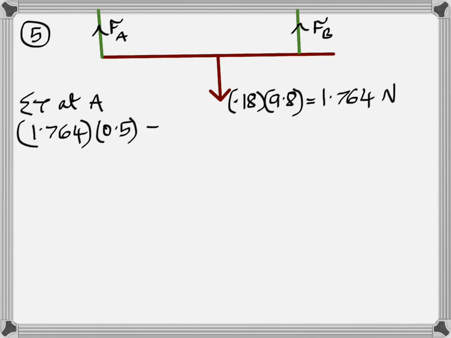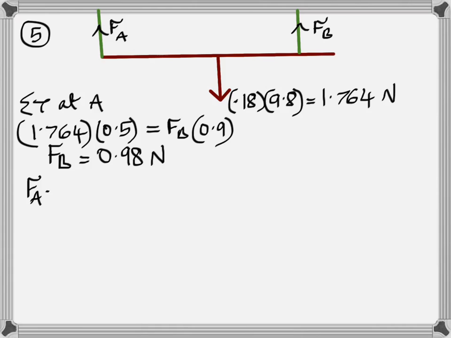And the fifth question, now there are two supports, so there are two forces acting up. And what you try to do is, because there are two unknowns, we eliminate one by taking the torque exactly at the point where one is acting.